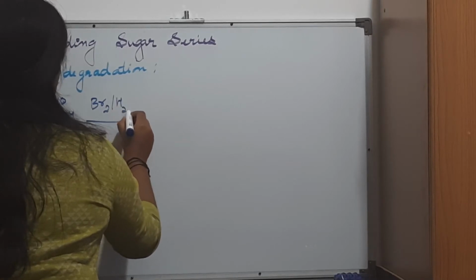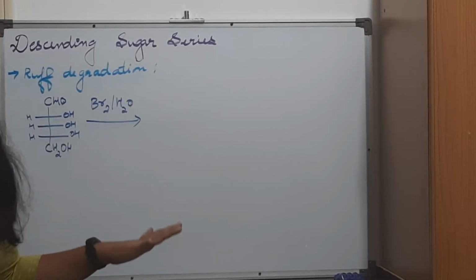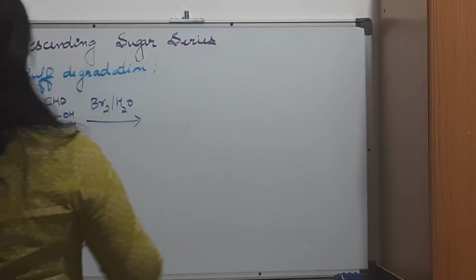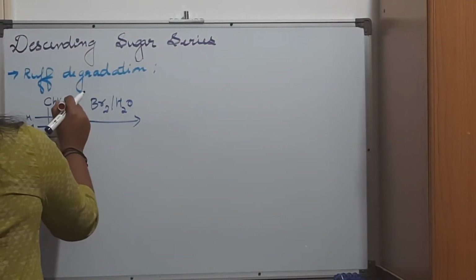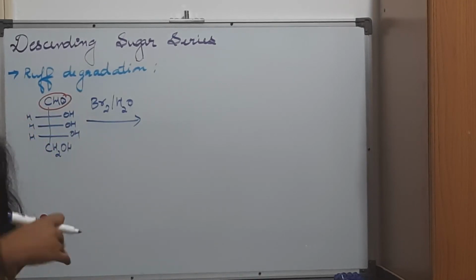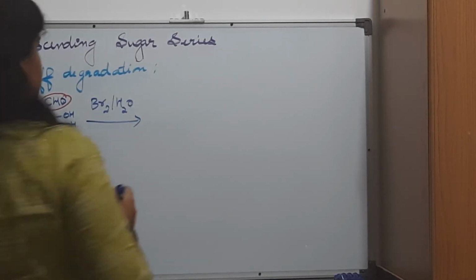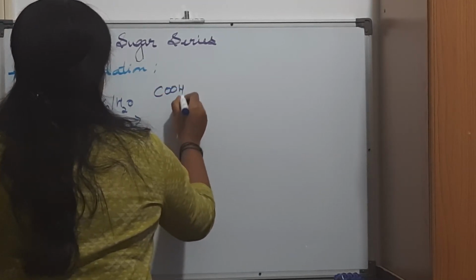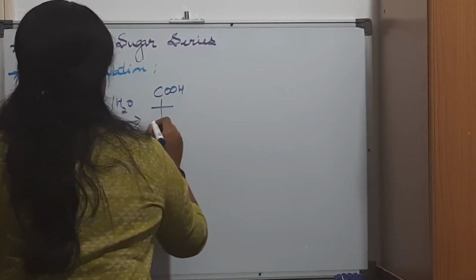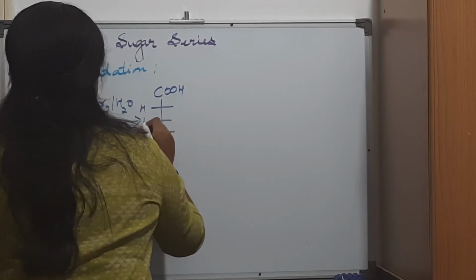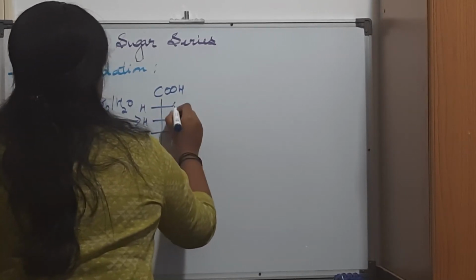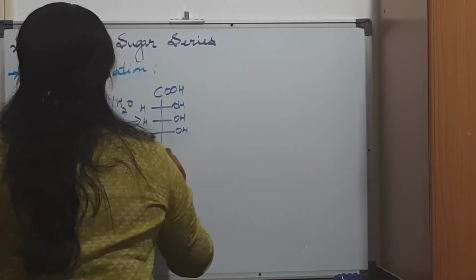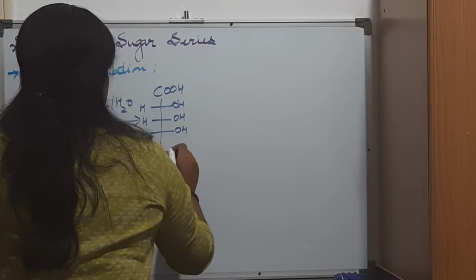This bromine water will do a selective oxidation of the CHO group alone. The OH groups do not get oxidized, only this aldehyde group gets oxidized to a carboxylic acid, COOH, and the remaining portion remains the same. H, H, H, then there is OH, OH and OH with CH2OH.